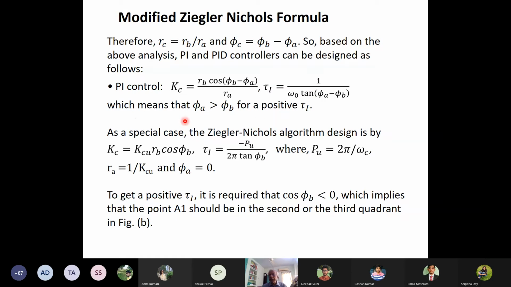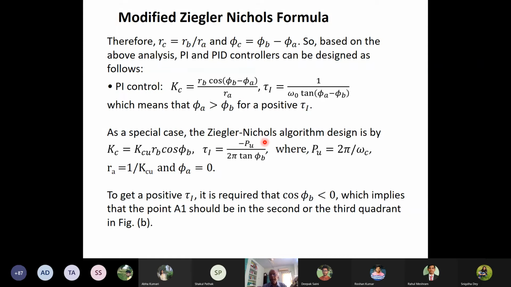As a special case, if we assume the Ziegler-Nichols tuning, the Ziegler-Nichols tuning is done at the phase crossover frequency. At the phase crossover frequency, we have the Kcu and the Pu.